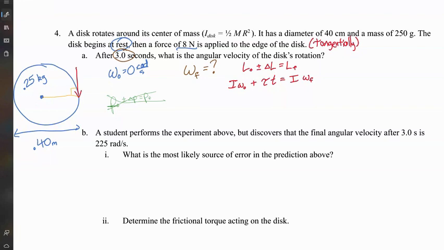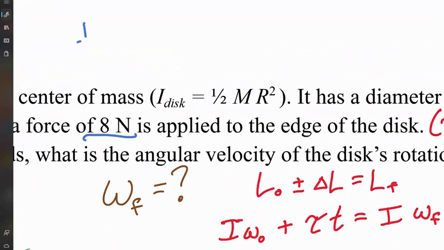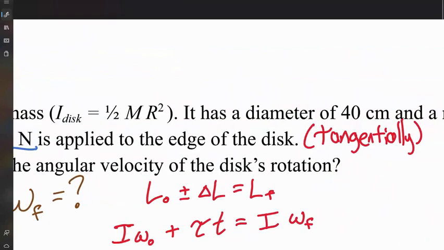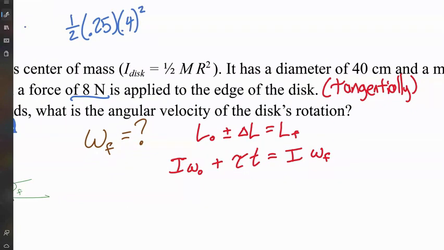We've got our disk rotating around its center of mass, and we're given mass and radius. Since I shows up in a couple of places, let's solve for I. I equals 1/2 m r squared, so 1/2 times the mass, 0.25 kilograms, times the radius, 40 centimeters, so 0.4 meters, squared.